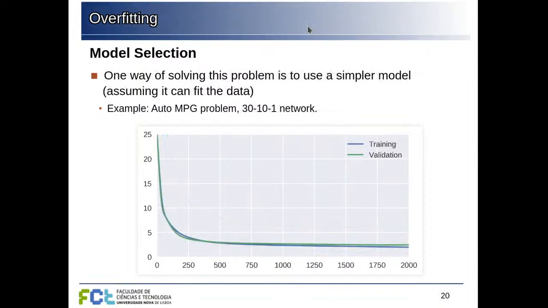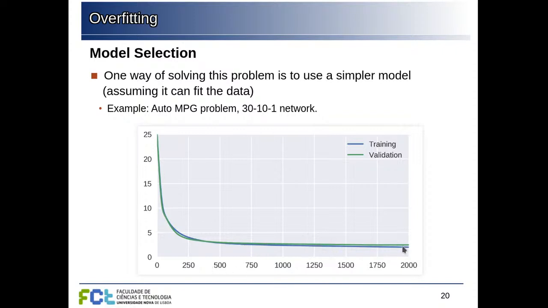You can have a network that is working better if you see that training and validation are not very different. This particular network, 30, 10, 1, does not seem to be overfitting and gives us a reasonable accuracy.